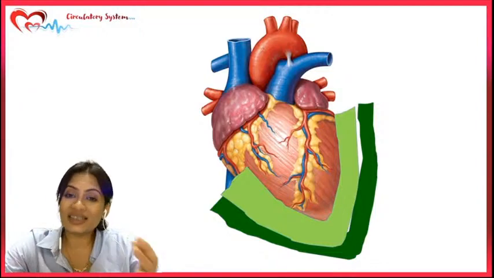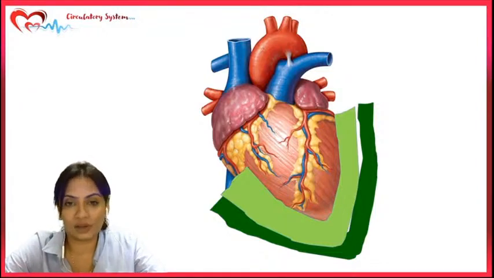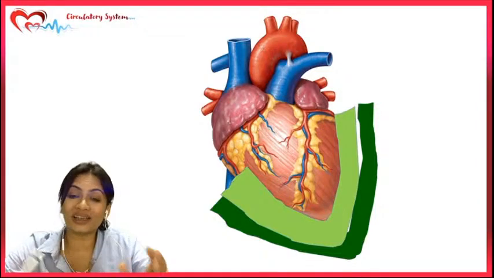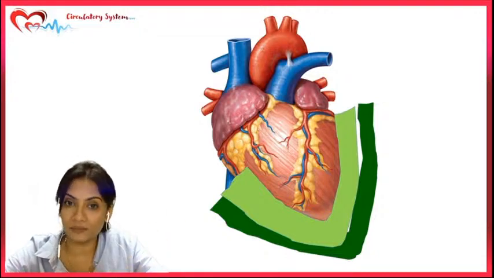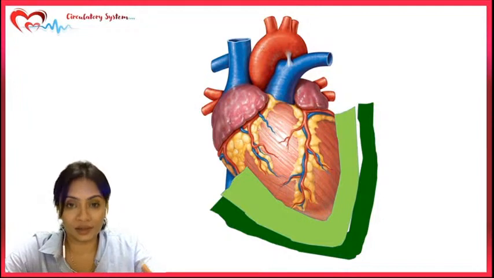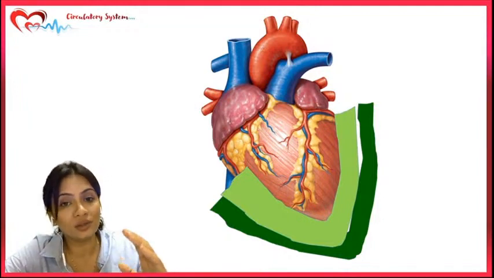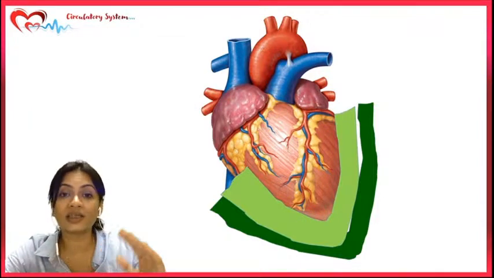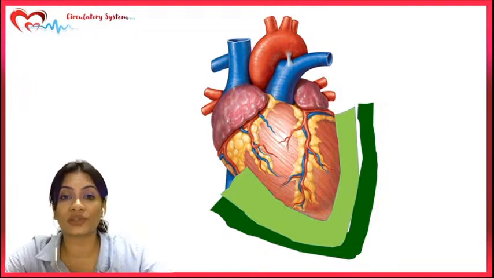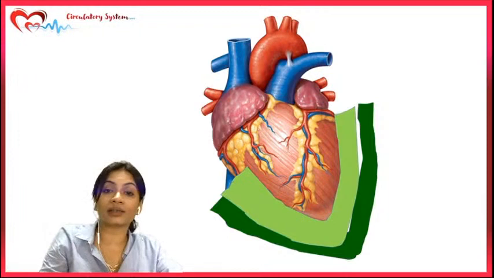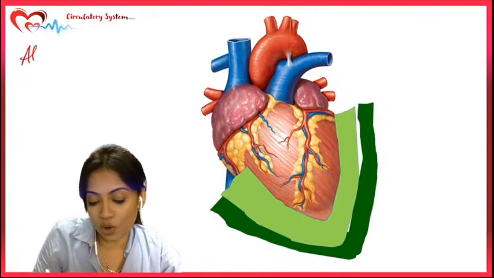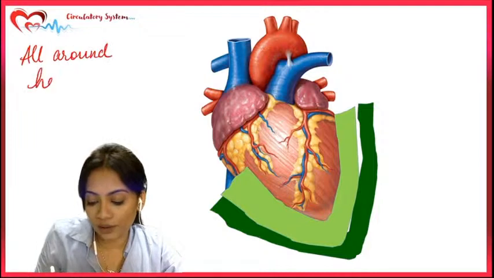Then, when we see the heart, we know how important an organ it is. We also know that it is protected by the ribs externally, right? But then, along with all these other protections, on the wall of the heart itself, there is a layer which is going to protect it, okay? And that layer is all around the heart, okay?